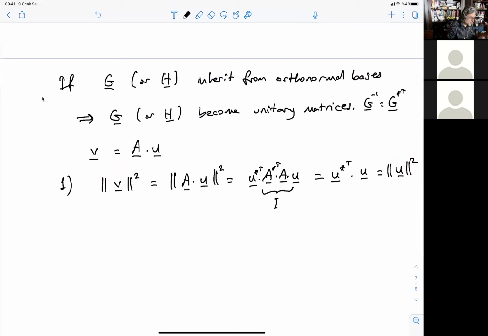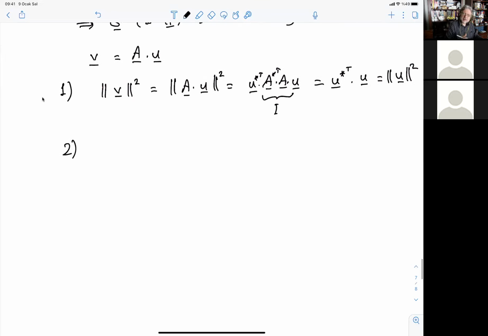The second one has some further details. I will have to write those details separately for random signals or for random vectors. In our case, let's assume that U is a random vector whose items are random values from a random signal.